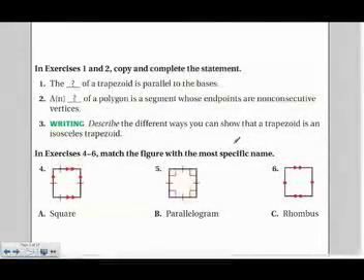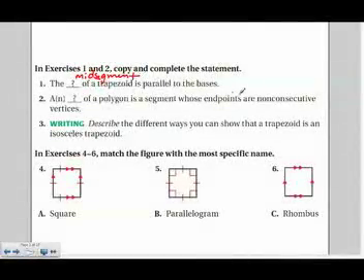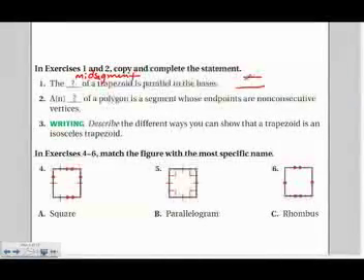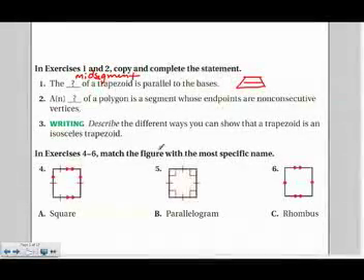Wanted to copy and complete the statement. The blank of a trapezoid is parallel to the bases, and that would be the mid-segment. Remember, we have a trapezoid, we have two parallel sides. Those don't look exactly parallel, but it's that segment in the middle, and it needs to be parallel. Something of a polygon is a segment whose endpoints are non-consecutive vertices.